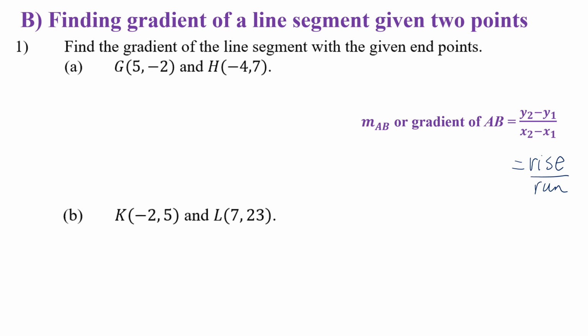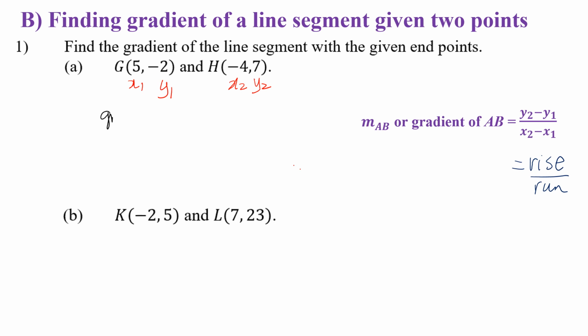Okay, likewise, label the points. Label the coordinates of point G as x1, y1. And then for point H, label the x coordinate as x2, y coordinate as y2. All right, and then let's write down the formula.